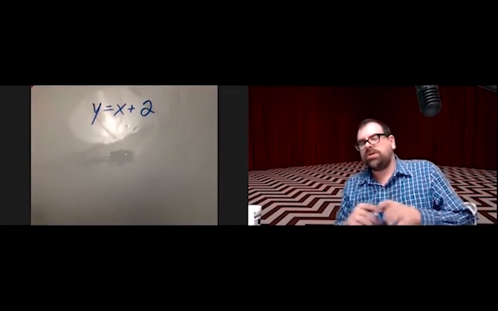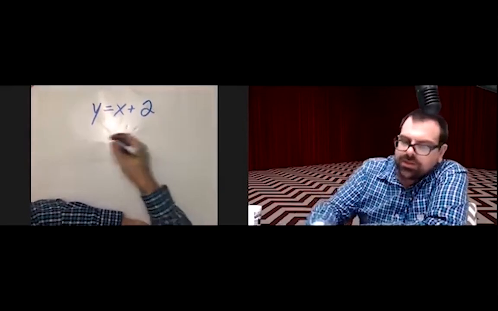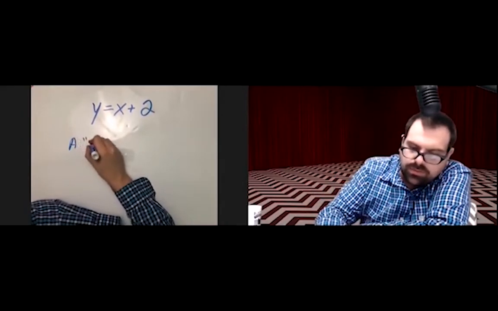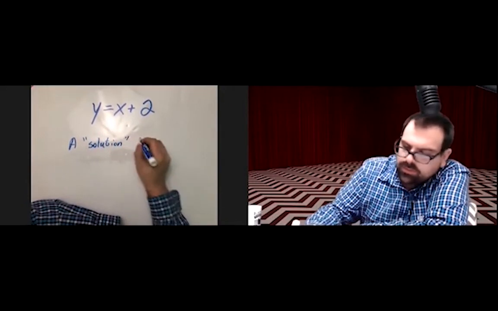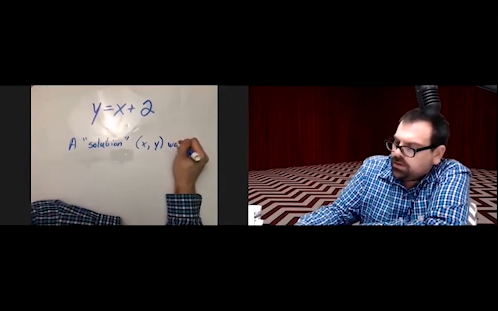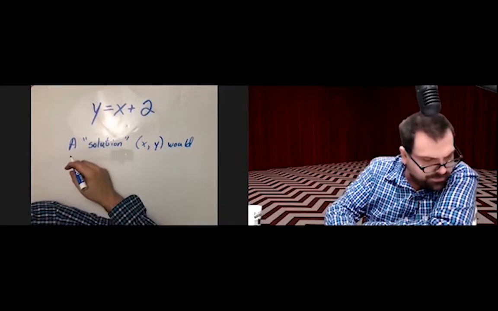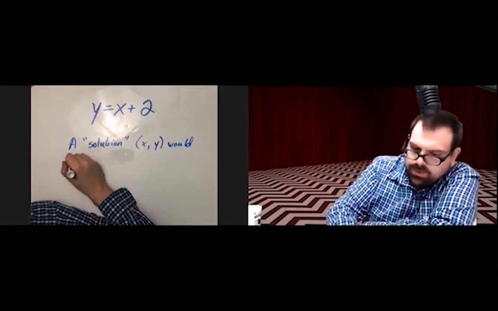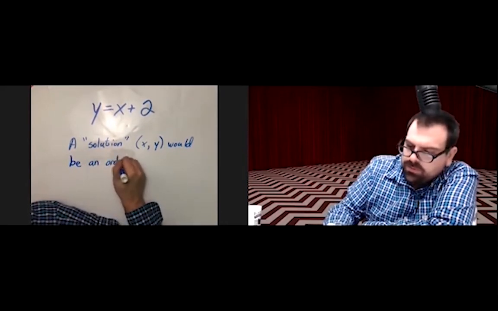Let's say we had the equation y equals x plus 2. A solution (x, y) would be an ordered pair.